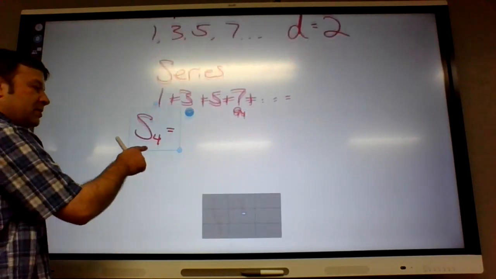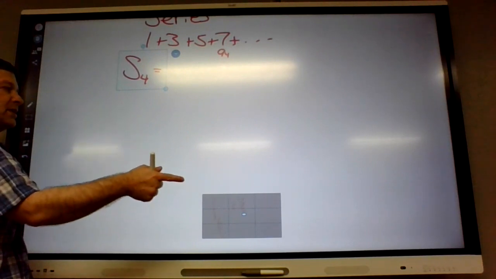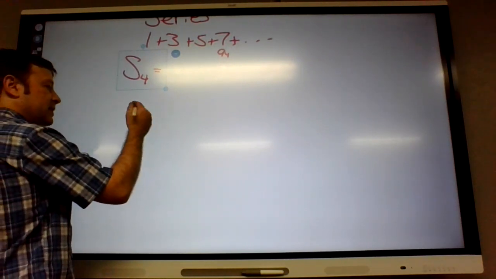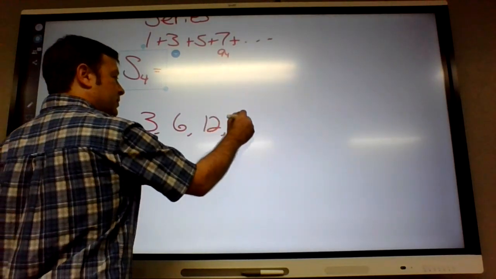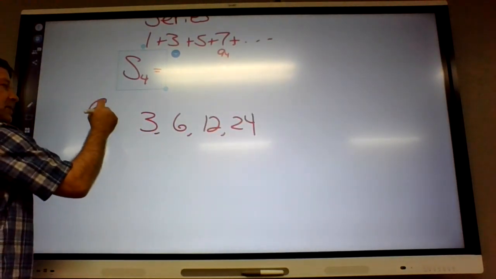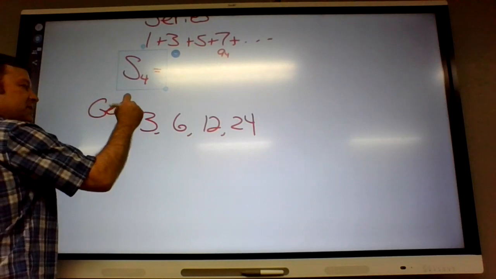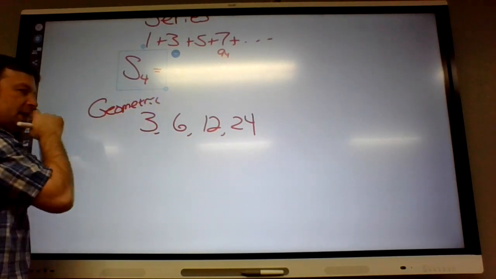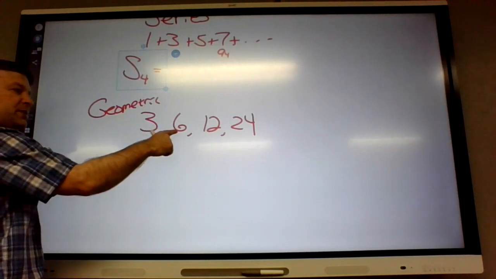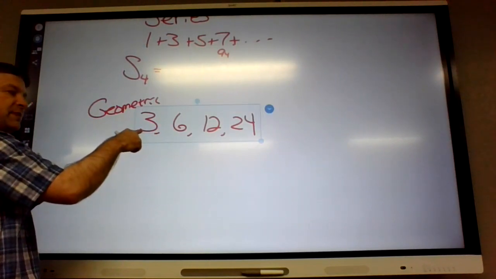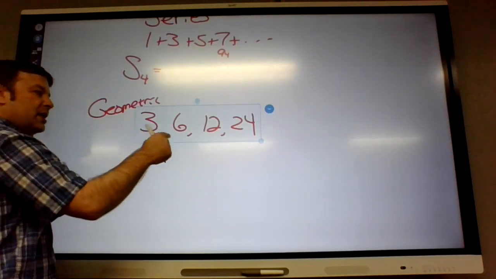Anyways, what's it called if you have a common multiplied value, like 3, 6, 12, 24? Yes, geometric. This would be a geometric sequence. The common value that you multiply, and if you can't tell what's being multiplied, you just do this one divided by this one, 6 divided by 3.